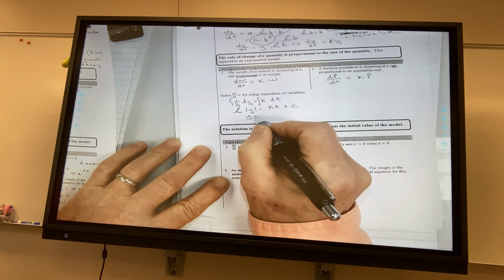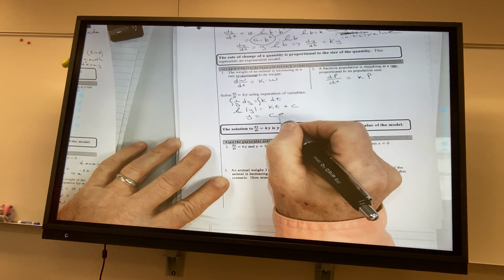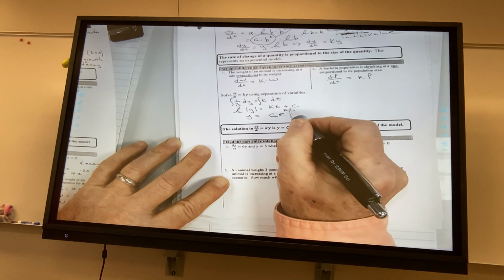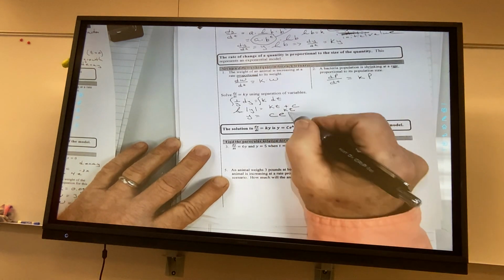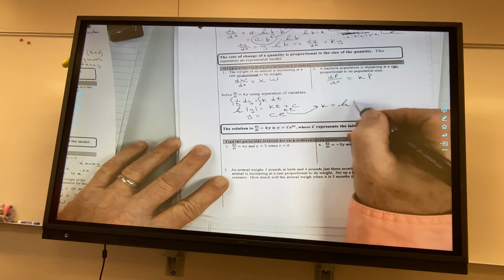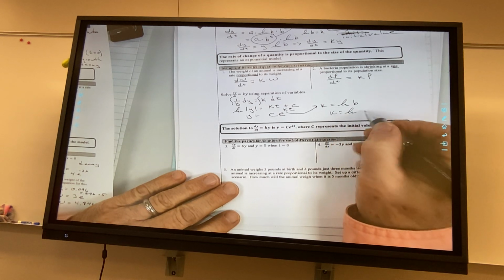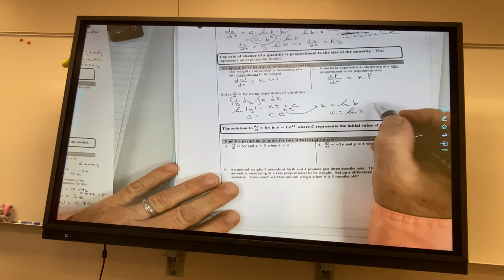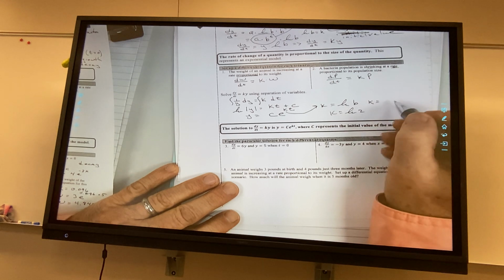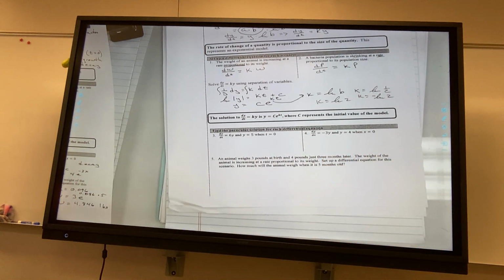That means y is equal to c e to the kt power. And this k is equal to the natural log of some base. Like when we doubled, k was equal to the natural log of 2. When we were using a half, k was equal to the natural log of 1/2, or the negative natural log of 2. Does everybody see that connection?